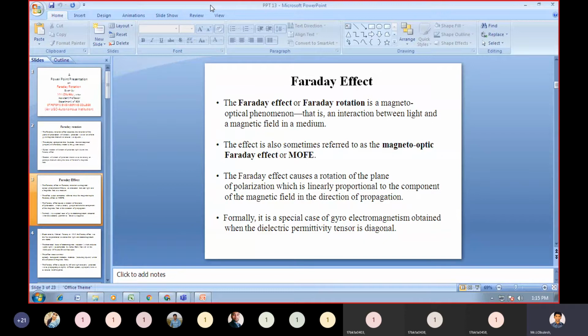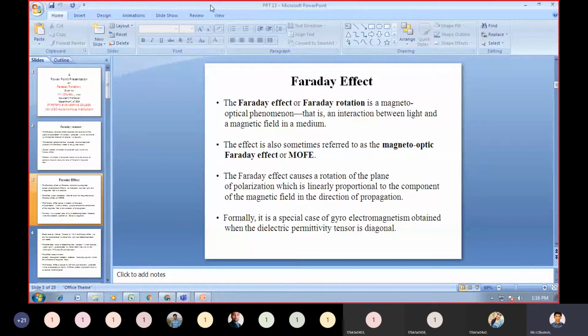The effect is also sometimes referred to as the magneto-optic Faraday effect or MOFE.